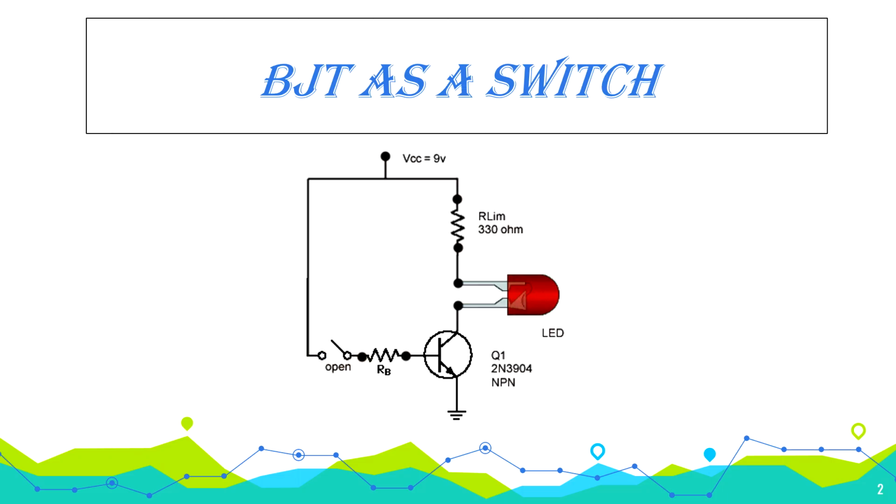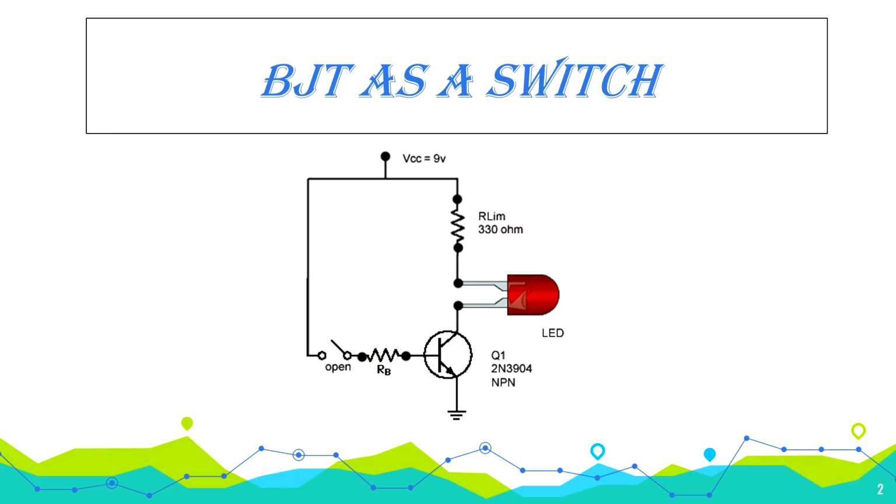In the picture given below, we could see that when the switch is open, the LED is in off state. And when the switch is in on state, that is closed state, a base current is going through the BJT, NPN transistor, and the LED is in on state.